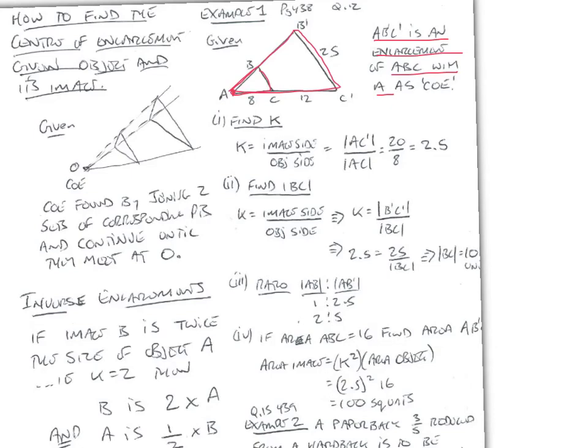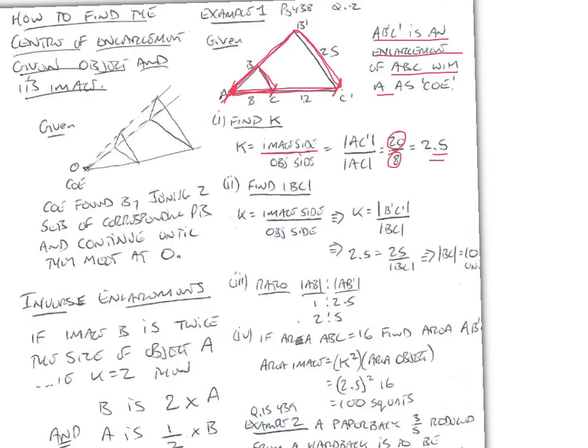K is equal to the image side over its corresponding object side. So if we take A'C', we can see that's 8 plus 12, which is 20. And the corresponding object side is AC, because A'C' is an enlargement of AC. That's equal to 8. So K is equal to 2.5. The scale factor between the two triangles is 2.5.